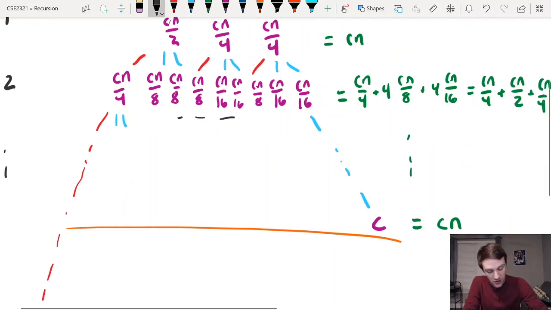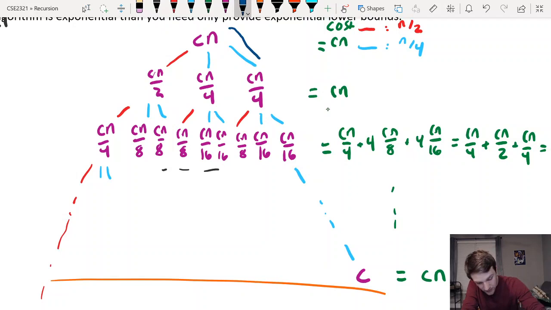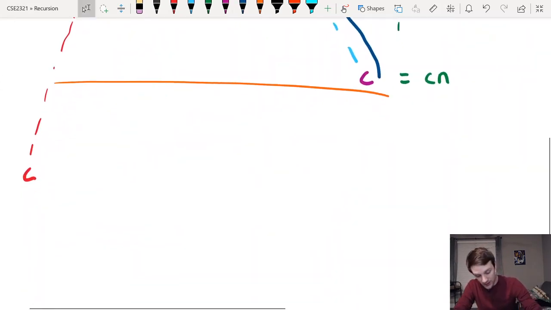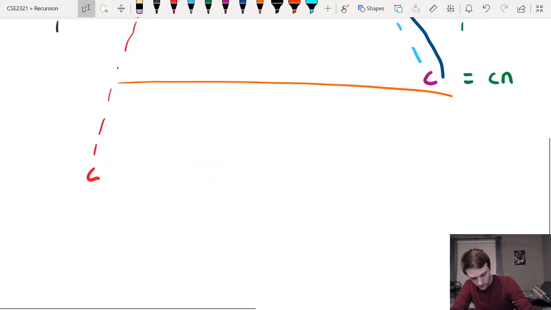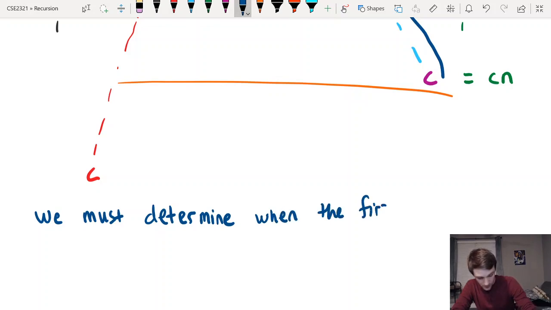So I must determine how long this path over here is. We denoted that before with k, and we will do the same thing here. So we must determine when the first path terminates.